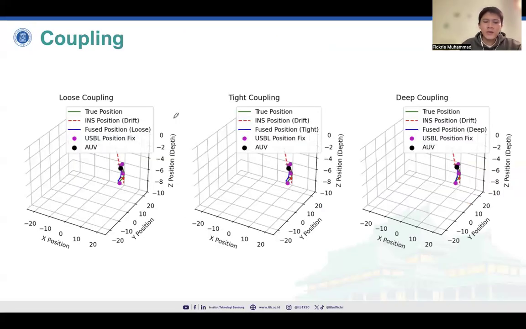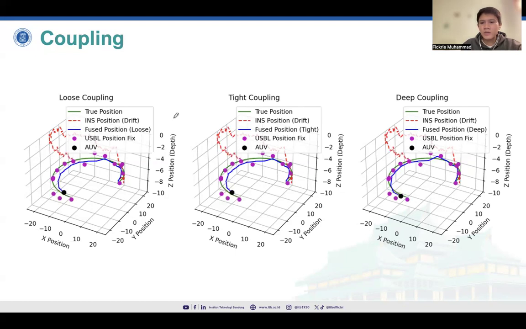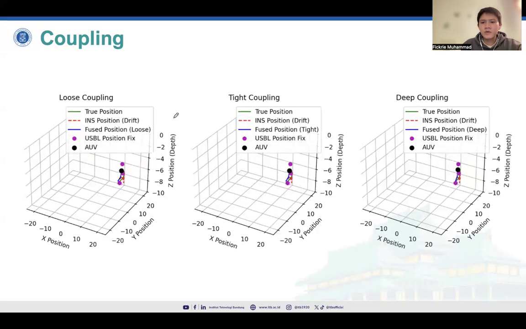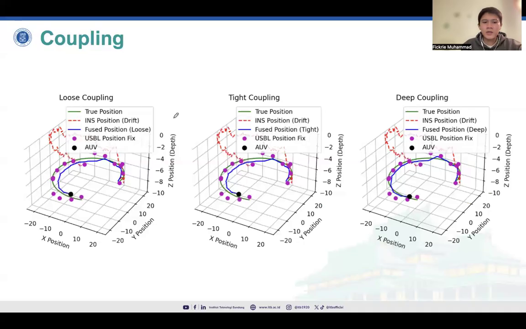So this is, for example, the comparison between loose coupling, tight coupling, and deep coupling. As we can see here, the deep coupling has better estimations in comparison with the loose coupling and the tight coupling, right? The deep coupling has the closest estimation to the true value in comparison with the tight coupling and loose coupling.